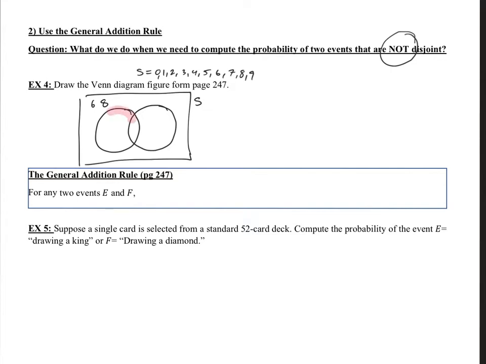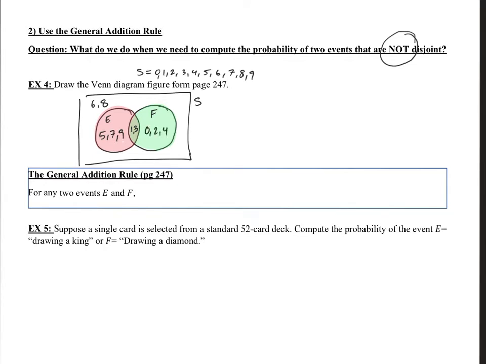So event E is overlapping with event F. This time it's different. They share events in common. So let's say 1 and 3 is what they share in common, and then 5, 7, and 9 E has, and 0, 2, and 4 is what F has.